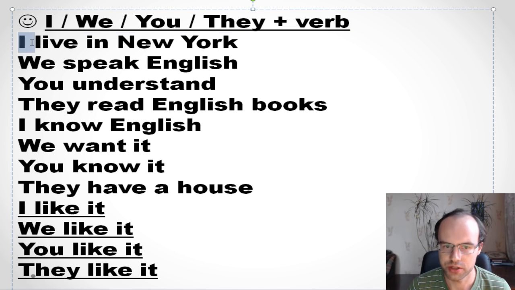I is a subject and live is a verb. We speak English. We is a subject and speak is a verb. You understand. You is a subject and understand is a verb. Okay, next. They read English books. They is a subject and read is a verb.